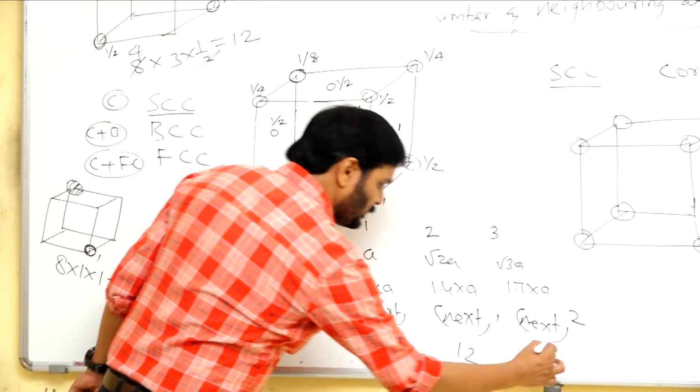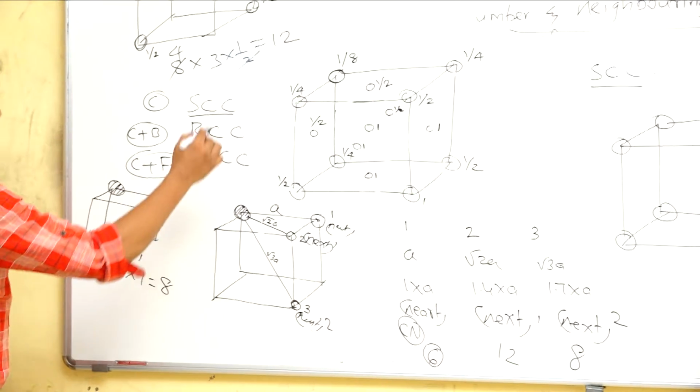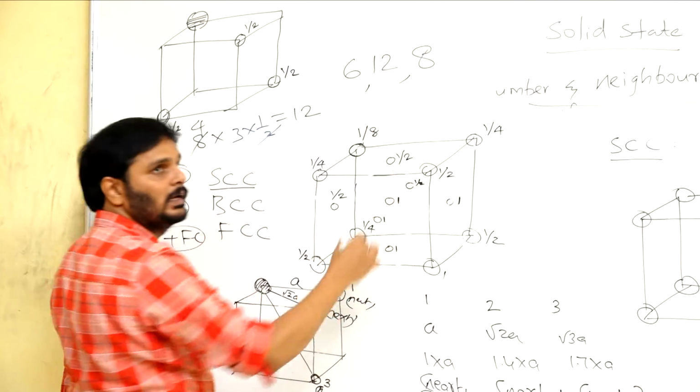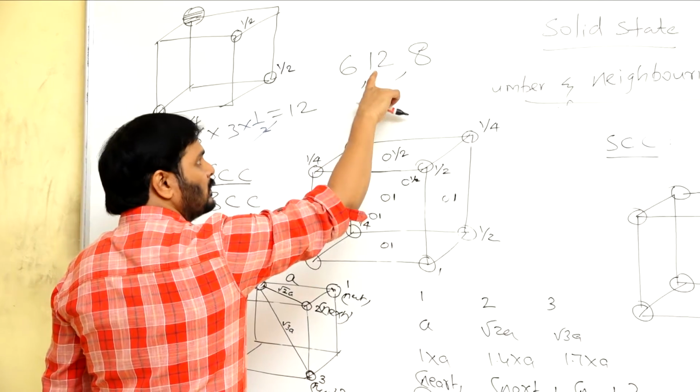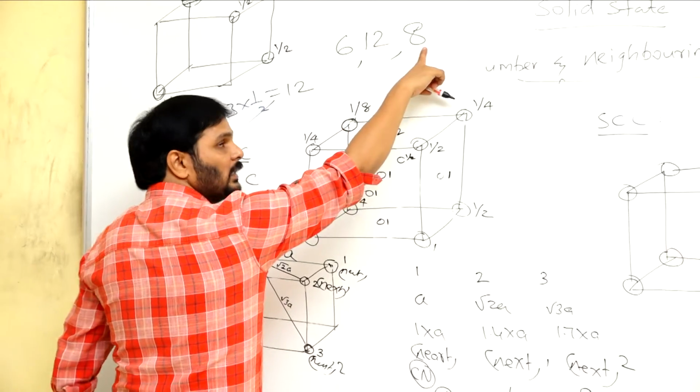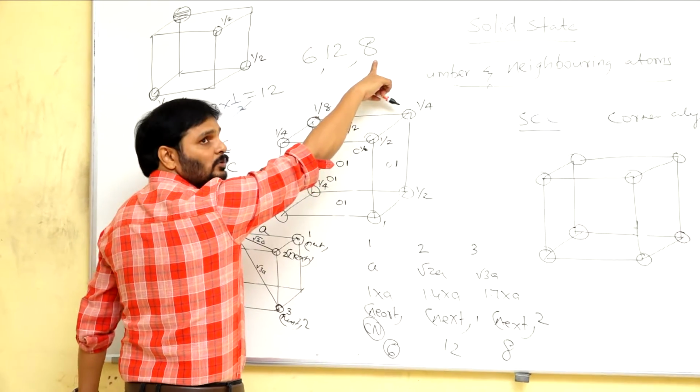So in the simple cube we have 6, 12, 8: 6 for the nearest, 12 for the next, and 8 for the next-next.